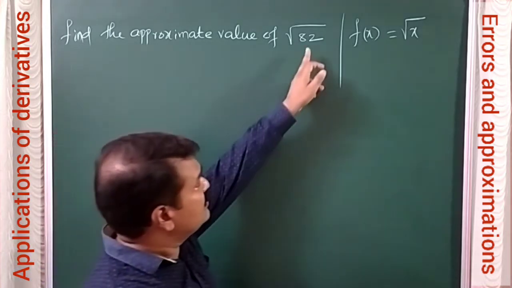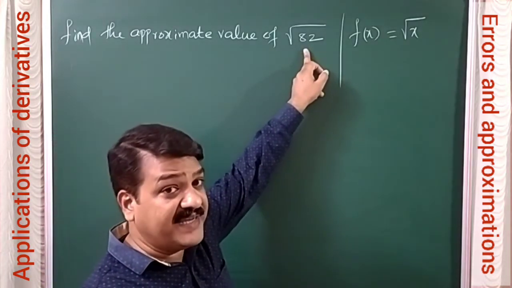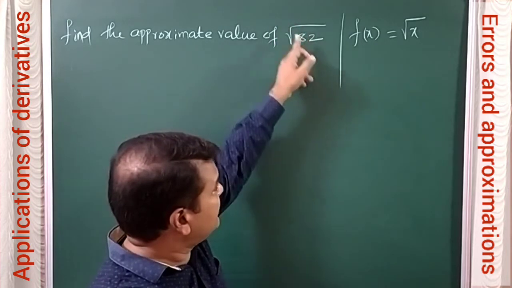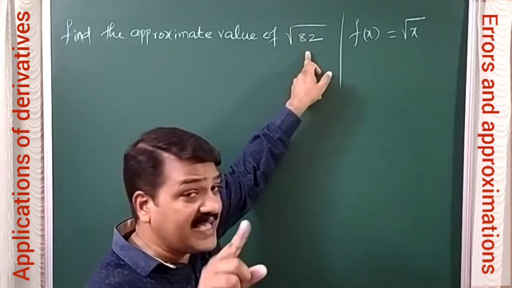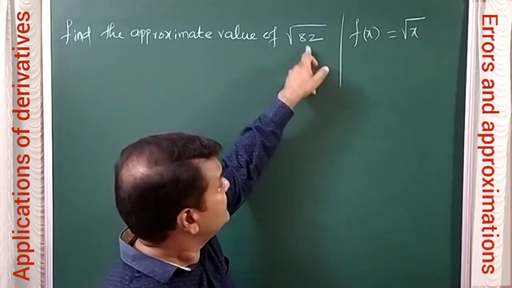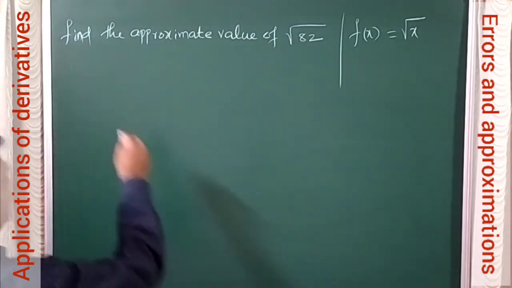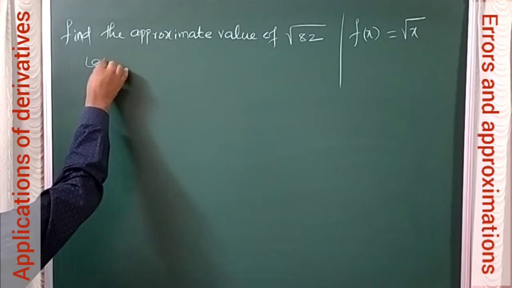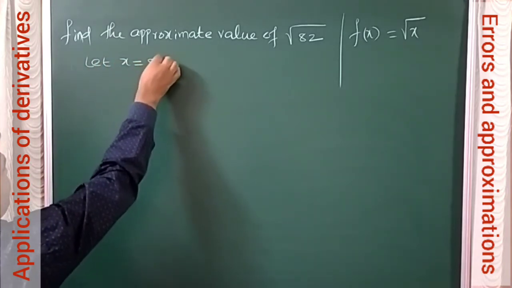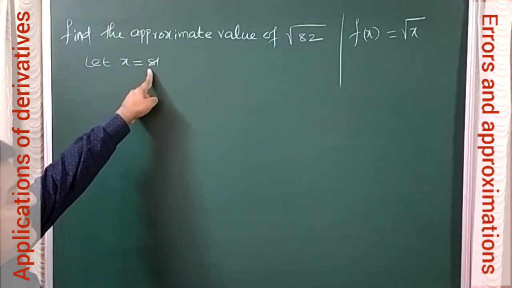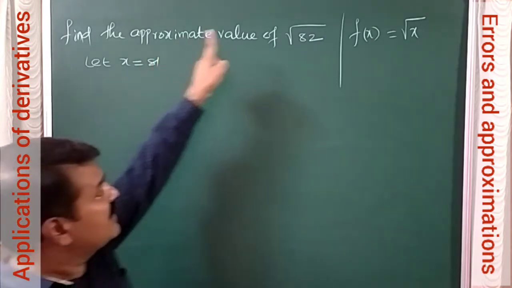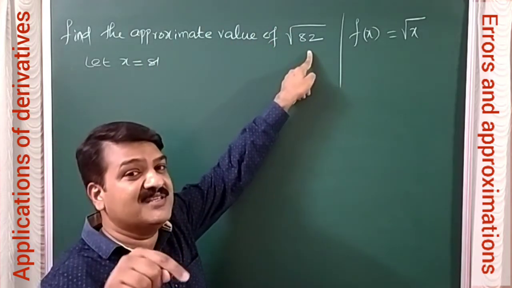Now, since we have square root of 82, we will try to take the nearest perfect square for 82 as x. Nearest perfect square for 82. What is that? 81. And the difference of this perfect square value and the original value within the square root.